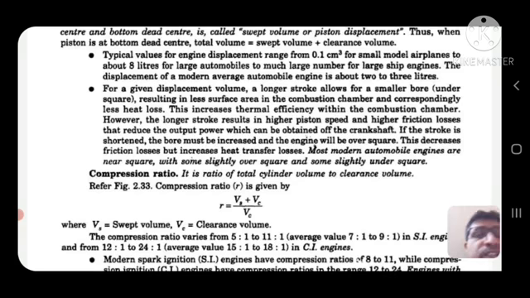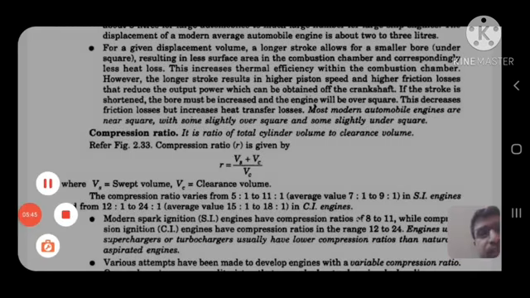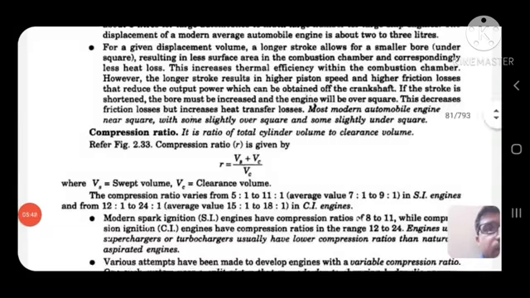For a given displacement volume, the longer stroke allows for a smaller bore (under square), resulting in less surface area in the combustion chamber. However, the longer stroke results in higher piston speed and higher friction losses.